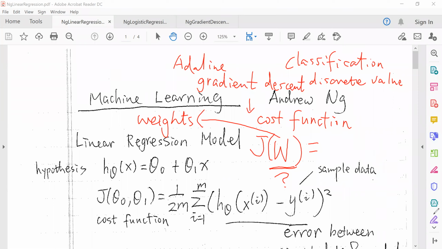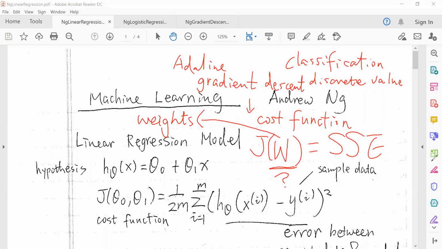And basically, in Adaline, the cost function is what? The sum of square of error. And the sum of the square of error is regarding what?